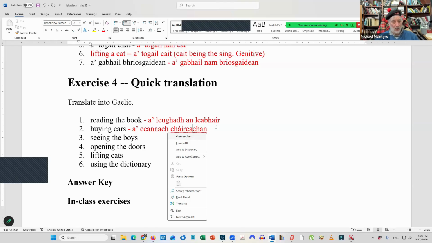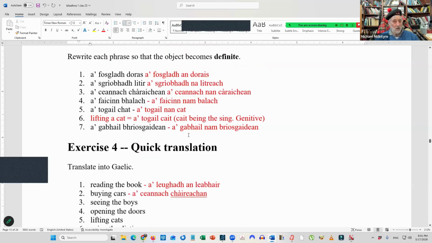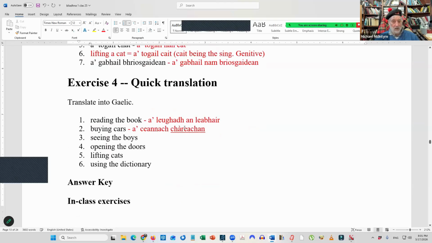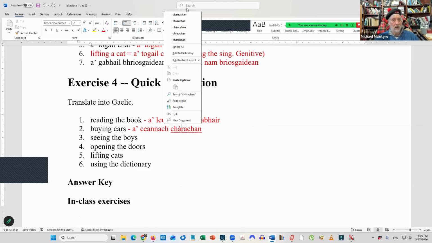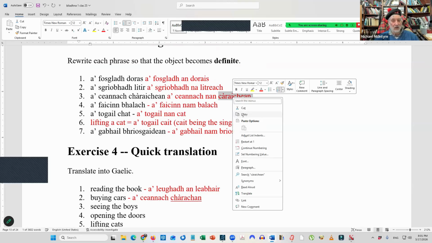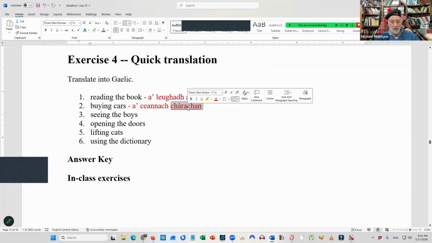Not slenderized there. Okay, hurricane. Oh boy, I lost the ability to spell here. Was that lenition?